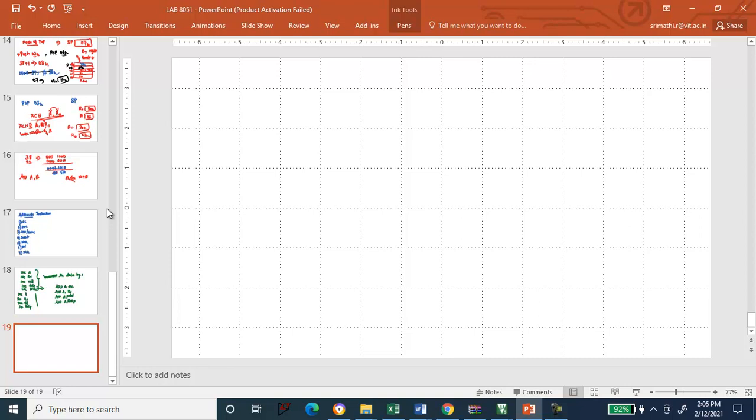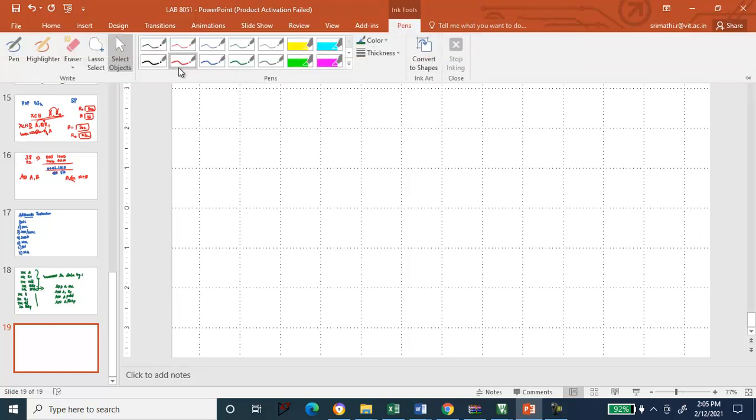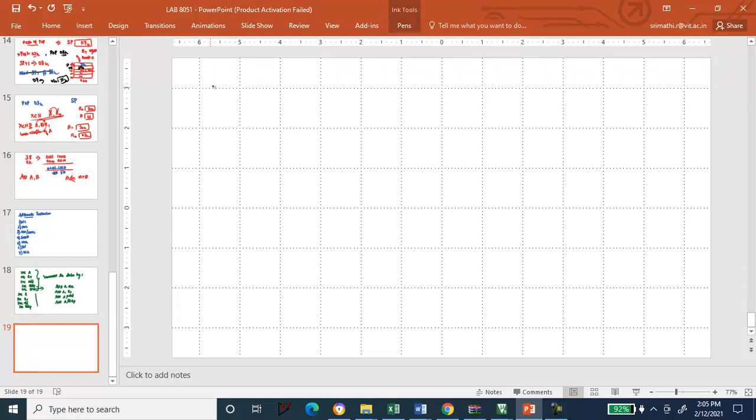Coming to add with carry type of instructions, you need to include the carry for repetitive addition operations. So in that case, ADC, add with carry, that is the meaning.